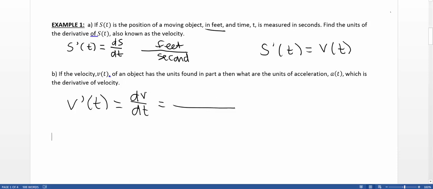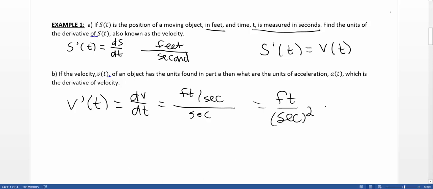And so here, the units of v are the units that we found in part A. So that's feet per second. So that's just the units of v. Our independent units are going to continue to be time. And since we're predicated on part A, the independent units have not changed. They're still going to be in seconds. So we get feet per second divided by seconds, which is feet per second squared.